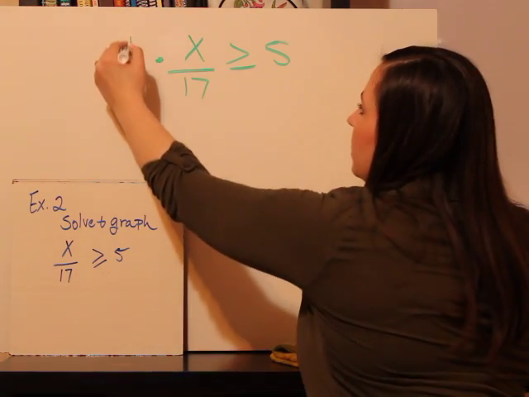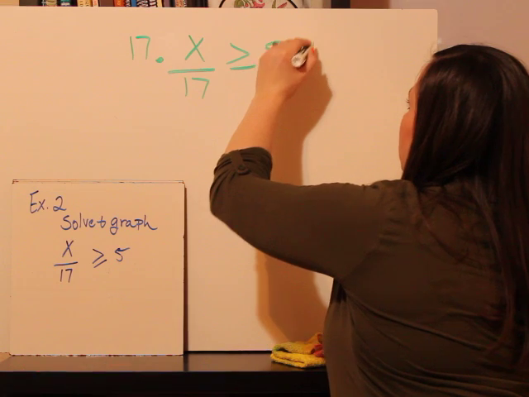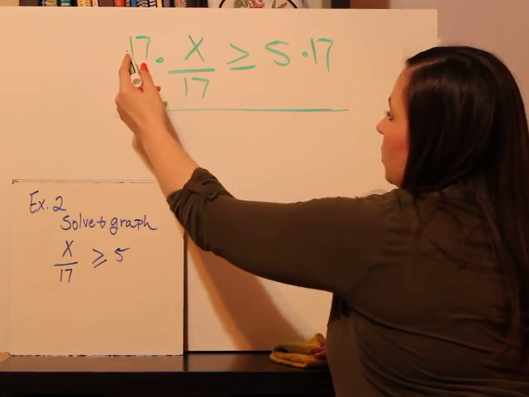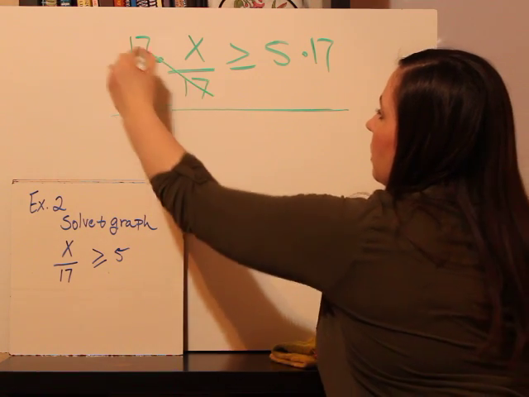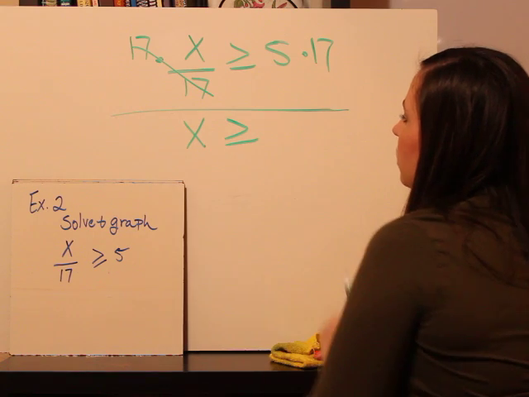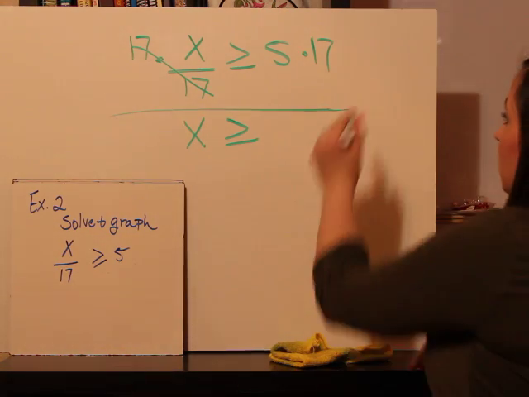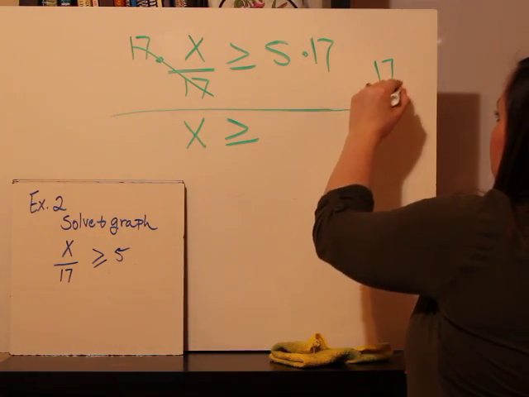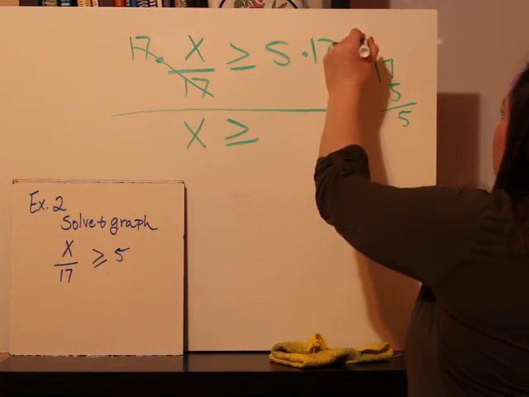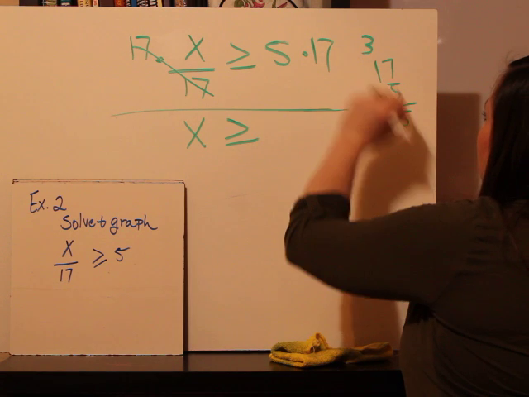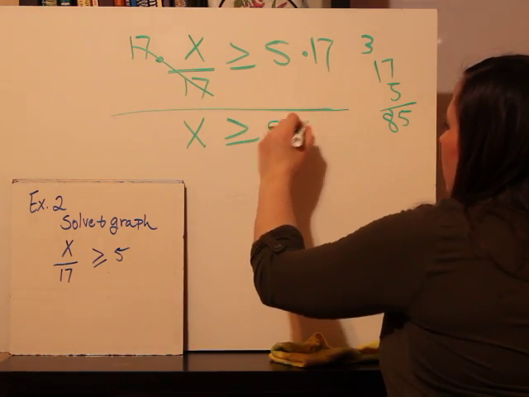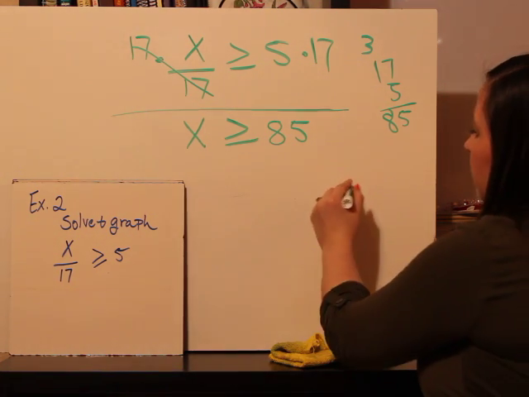So we're going to multiply by 17 on both sides. The multiplying by 17, dividing by 17, cancel. All we have is x greater than or equal to 17 times 5. Come over here. 5 times 7, that's 35. So 5 carry a 3. 5 times 1 is 5 plus 3 is an 8. So x is greater than or equal to 85.